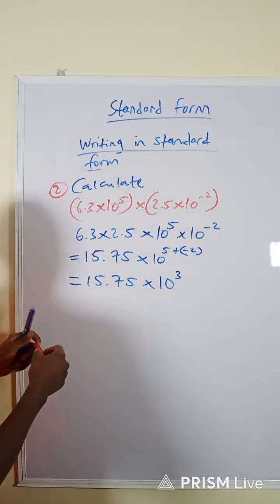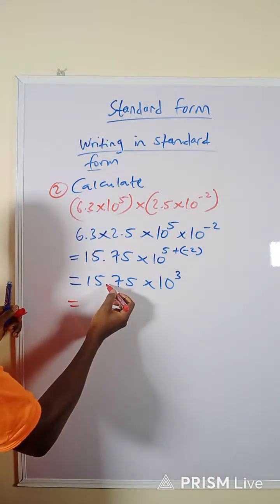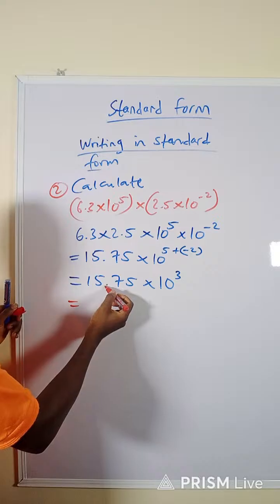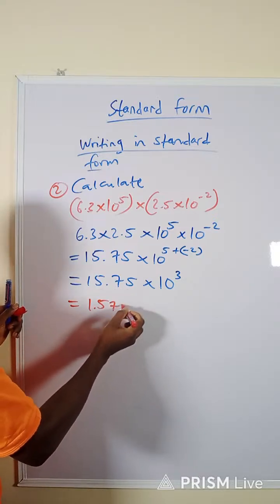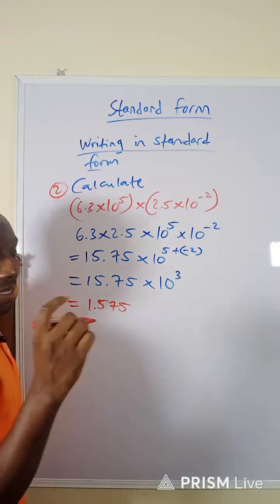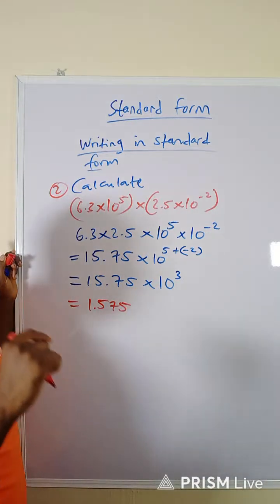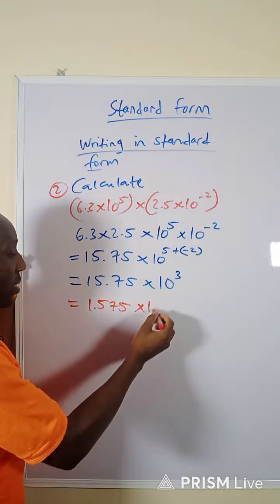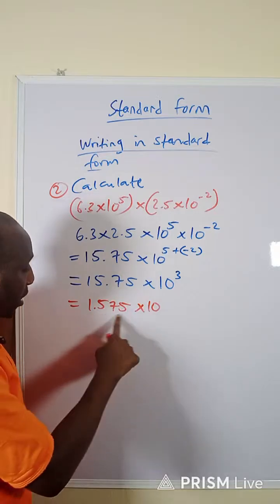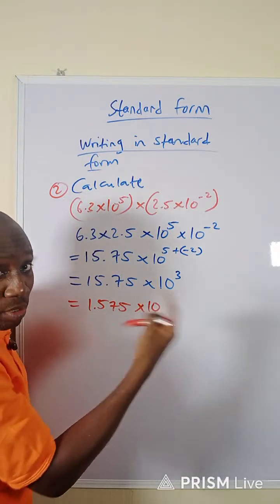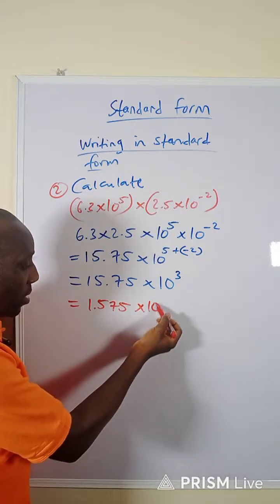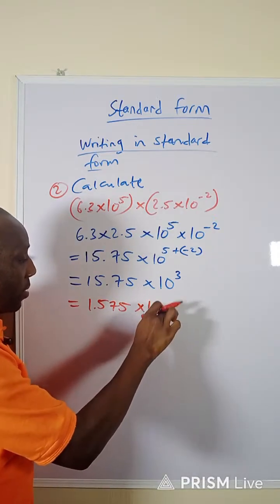So see what I'm going to have. I will shift this decimal point to the left until I have 1.575. And because I just had one movement, it will be times 10. Again, if you multiply this by 10, you have to shift the decimal point to the right one time because this is raised to power 1 here.